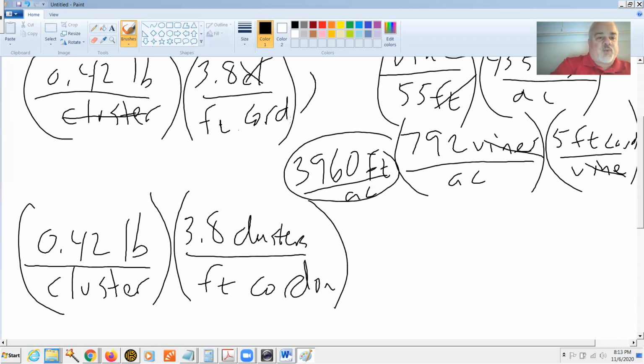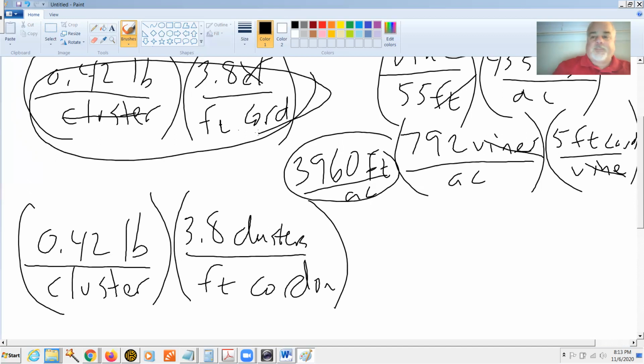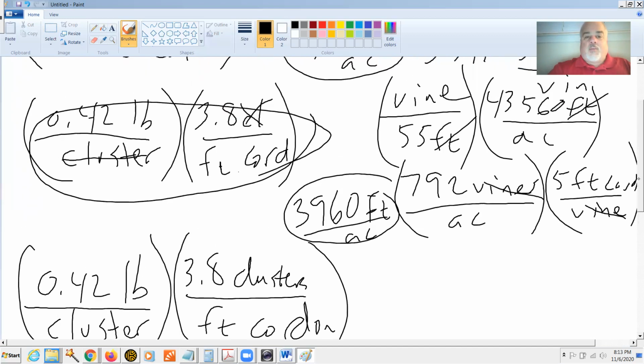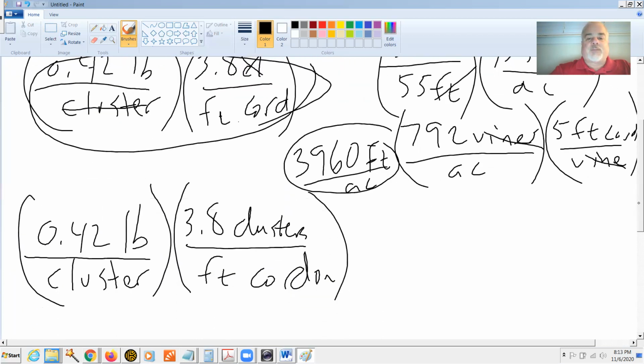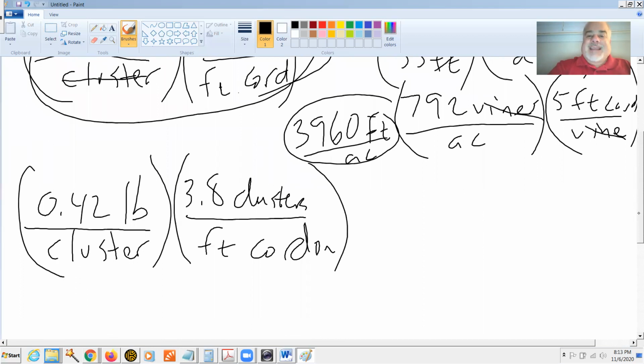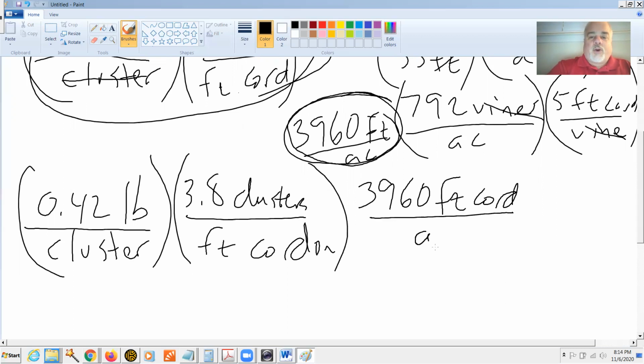All I'm doing is recopying this information here, and the 3.8 clusters per foot of cordon is right there, given information. And we just had to calculate a little bit of information using our knowledge that there is 3,960 feet of cordon per acre.